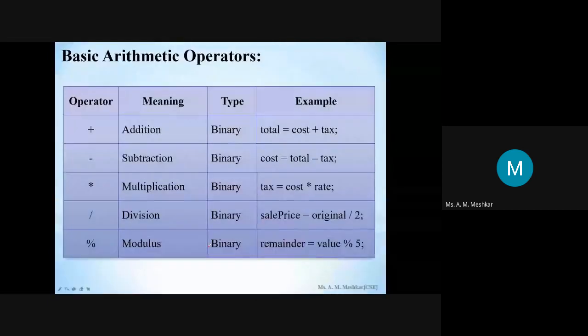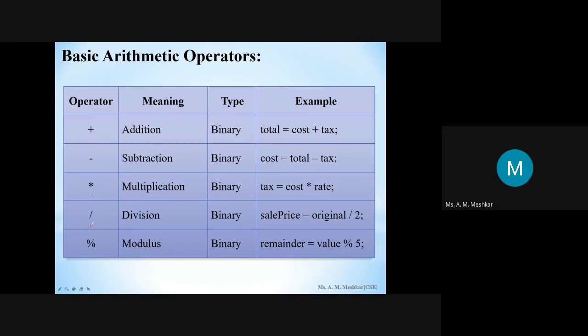So let us start with the basic arithmetic operators. As you have studied the operators in other languages, the same usage is here also. You are familiar with these operators like plus, minus, this is a star, which is the notation for multiplication in coding languages.